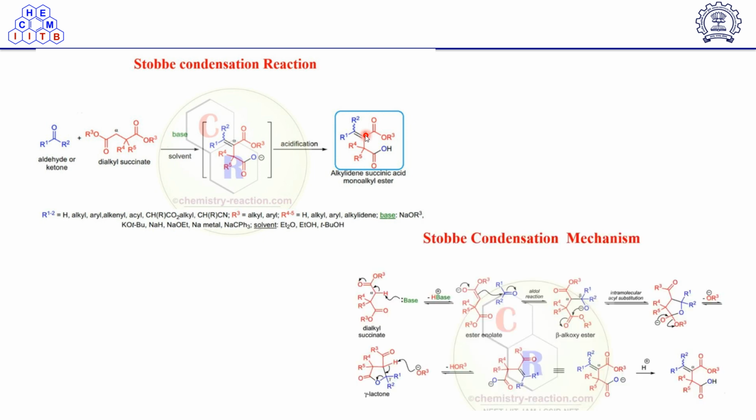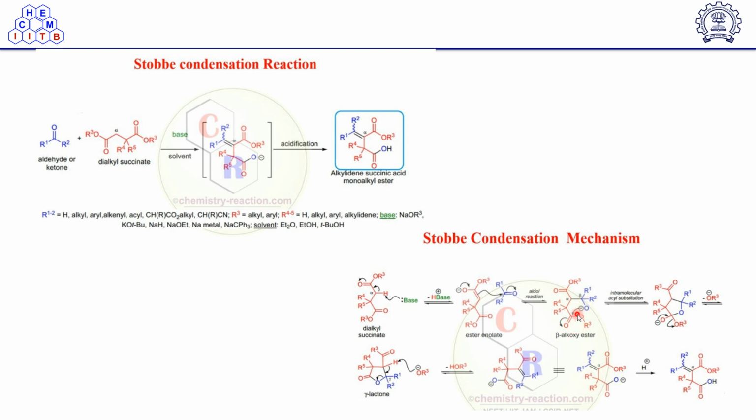So the mechanism for this reaction is, first the base will abstract this proton from this dialkyl succinate, and an enolate will be formed that will attack in a 1,2 fashion on this aldehyde or ketone to get this beta-alkoxy ester following this aldol reaction.